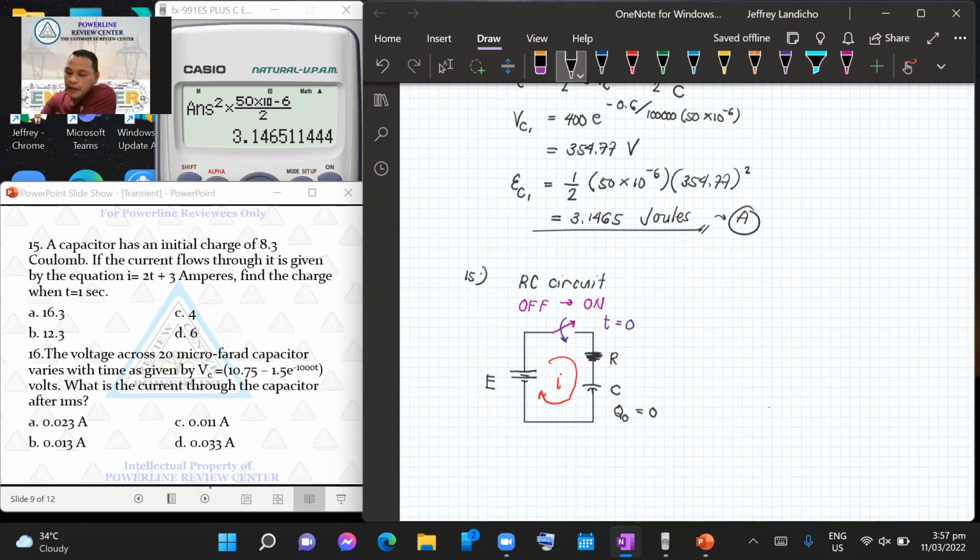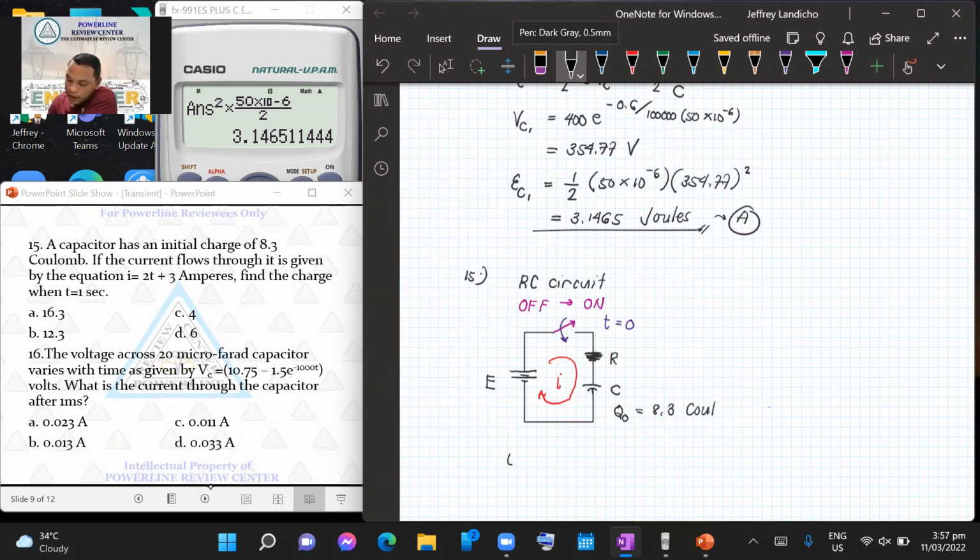However, anong binanggit ng problem? At this case, the initial charge of the capacitor, meron na tayo. In terms of coulomb, it is what? 8.3 coulombs. So at time equal to 0, switch is closed.